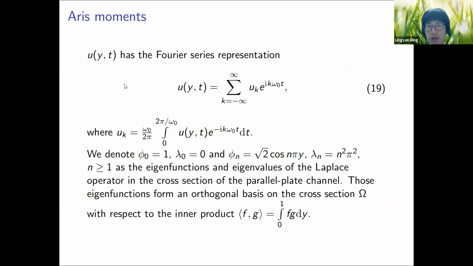To solve this equation, we need to introduce some notation. First, we assume the velocity has this Fourier series representation. Here we also introduce phi and lambda, which are the eigenfunction and eigenvalue of the Laplace operator. In this simple domain, we have the explicit expressions of them. We also use this angle bracket to denote the inner product.